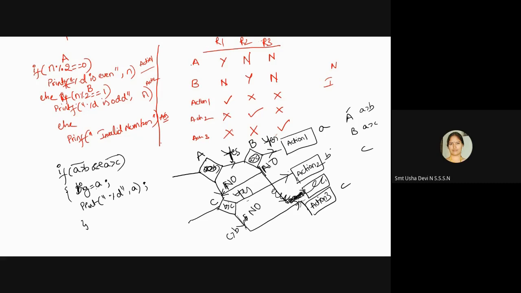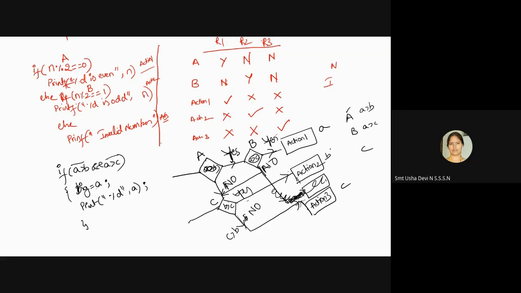When action 1 is going to be executed, in case this A condition is true, then only we can execute action 1, right? So here, in place of this, we are going to have Y. And what about the B condition? If A happens, B must not happen. Right?